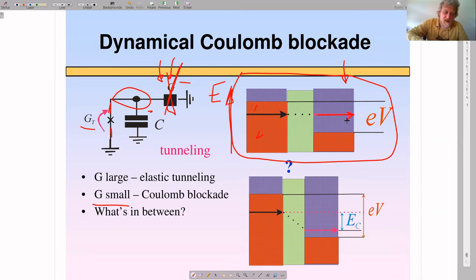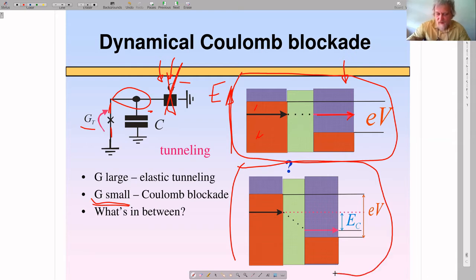In the limit of small conductance, let's see what we have. The electron which comes here charges the system. That costs charging energy, EC.